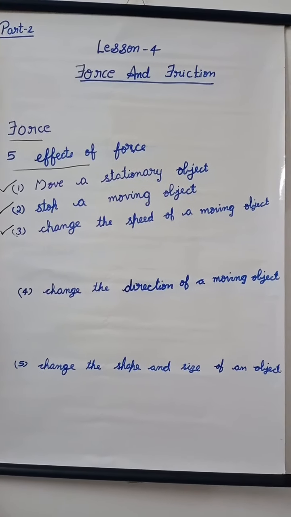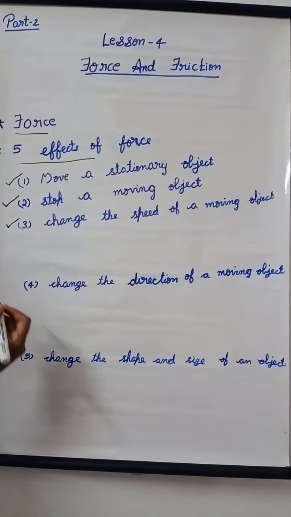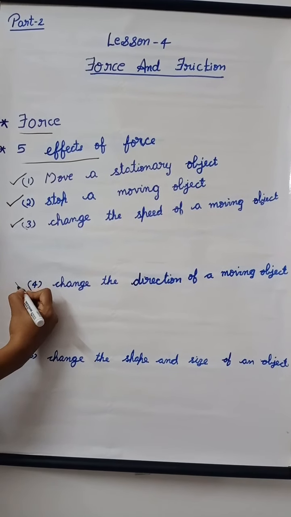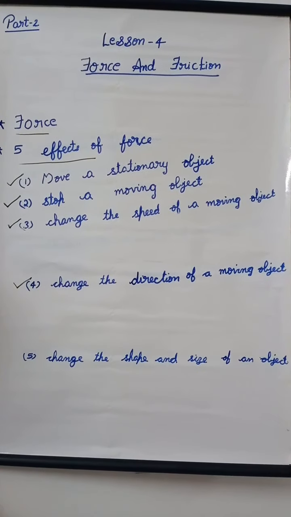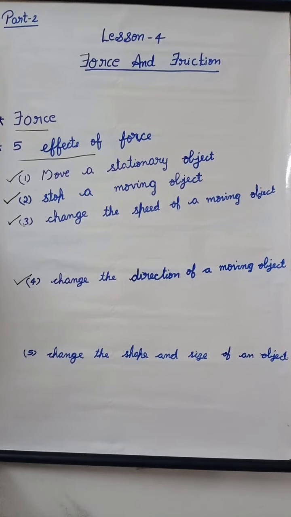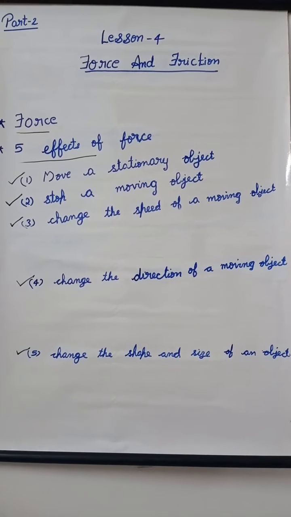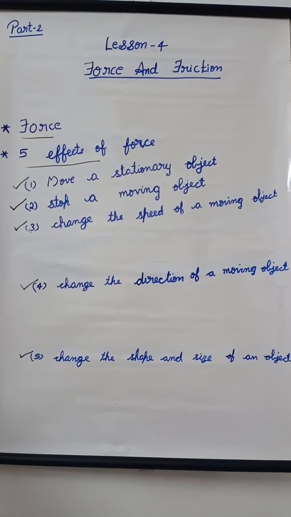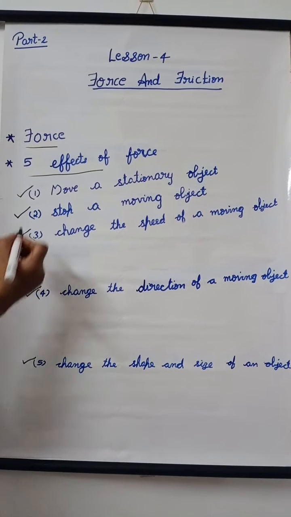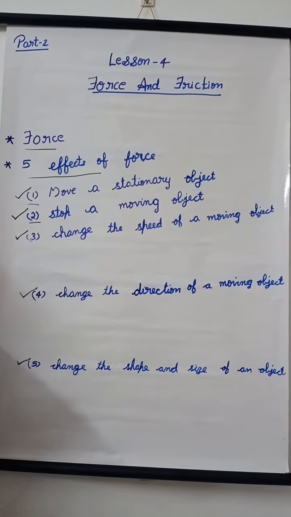The fourth effect of force is that a force can change the direction of a moving object. Then force can change the shape and size of an object. Among these, we have learned about the first two in detail.